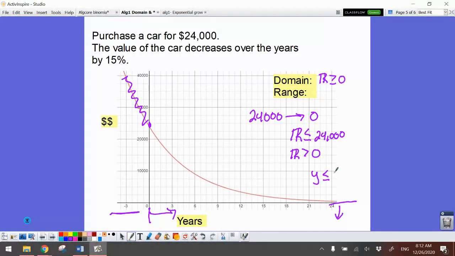I'm less than or equal to 24,000, but I am greater than 0. So you'll see it like that. Sometimes you'll see it this way, but normally we see it with the y in the center. But this is actually an and inequality. I'm between 0 and $24,000. Okay, I'm not going to have anything less than 0. It doesn't make any sense for it to have a negative value for a car.